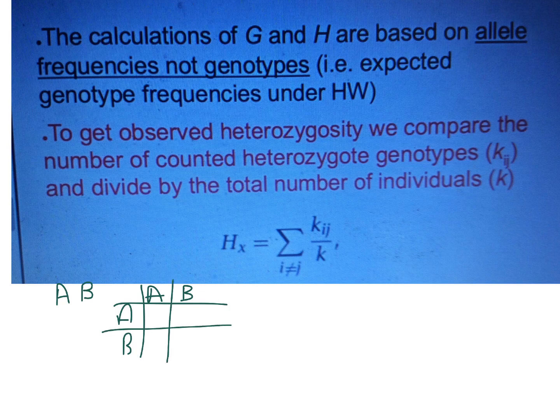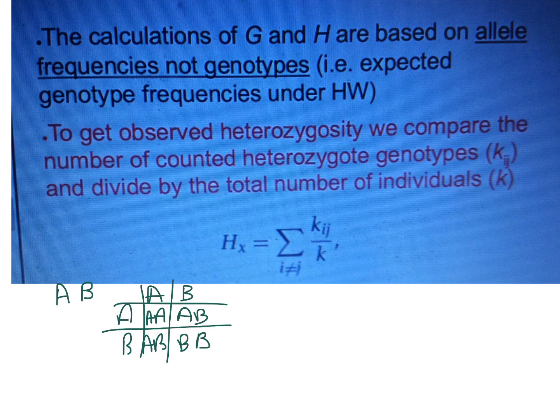So we can get AA, AB, another AB here, and then a BB. And those would be all of the possible outcomes if we are mixing and matching these.